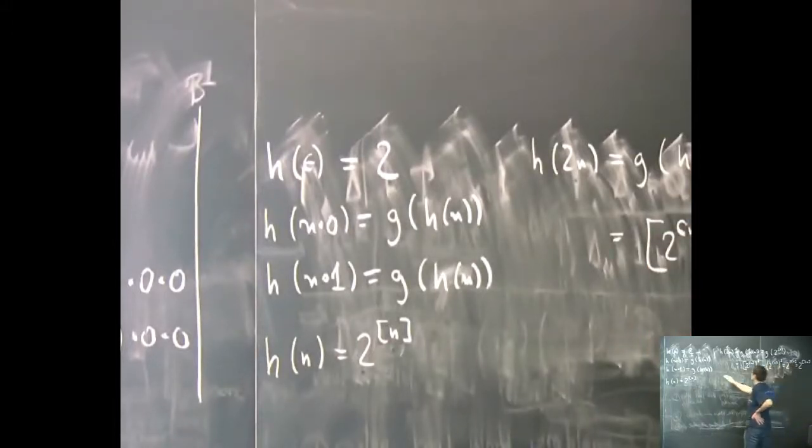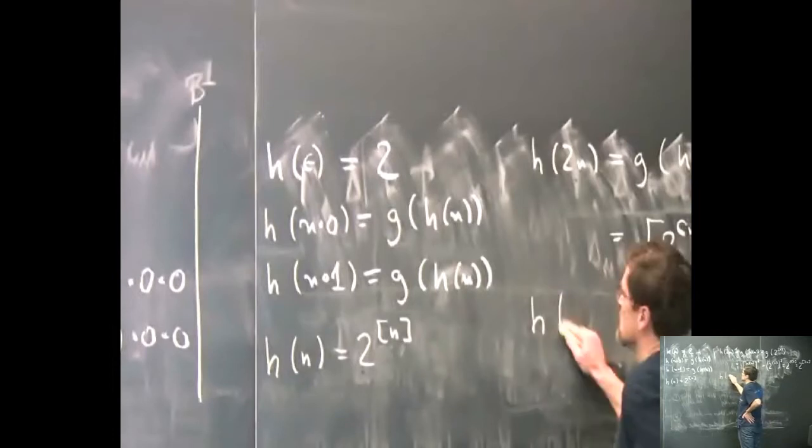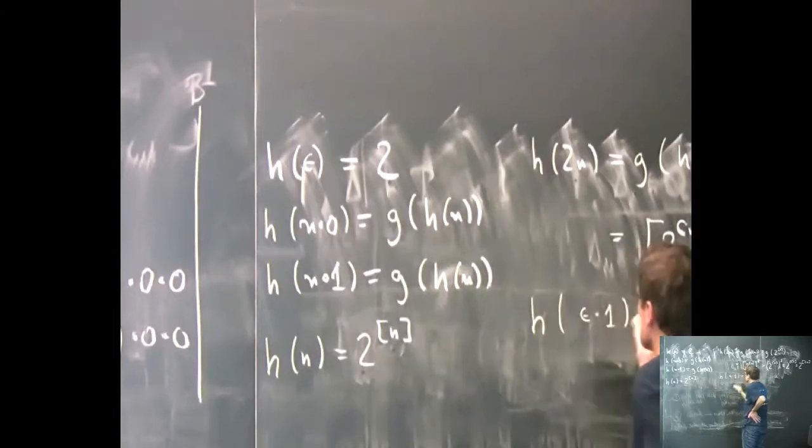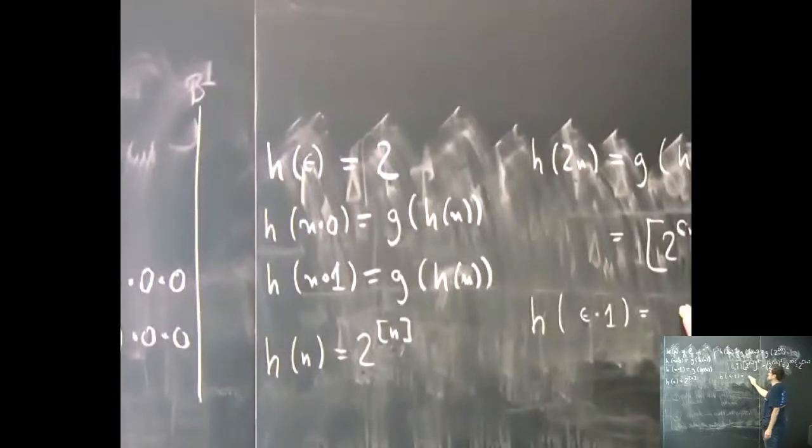What is h of epsilon 1, right? So it's g of h of epsilon 1. And what is g of h of epsilon?